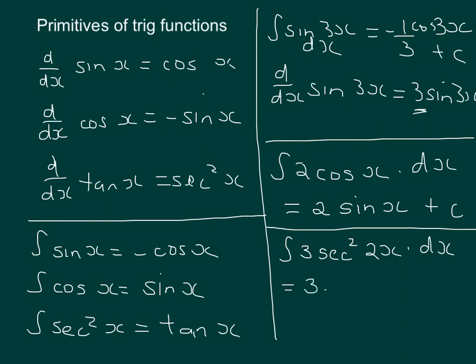The integral of sec squared x, forget the 2 at the moment, the integral of sec squared x is a tan 2x. So whatever's here, simply rewrite here. And the last step is to divide by the derivative of the 2x, which is 2, plus c. So we don't need to fix that one up. That one looks okay.